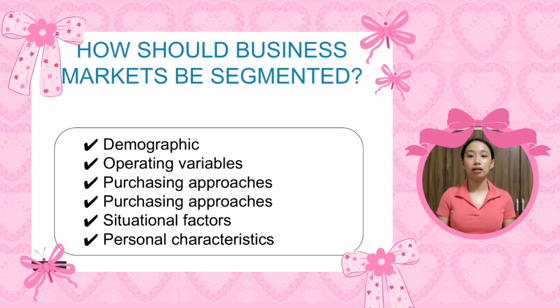Situational factors: urgency of need or order size can also affect how businesses are segmented. Personal characteristics: relationships, loyalty, and decision-maker preference play a crucial role. By using these segmentation strategies, businesses can create more tailored marketing strategies and improve customer satisfaction.